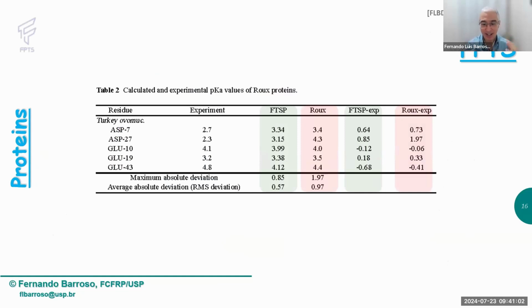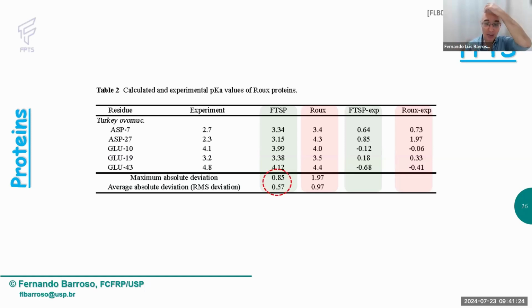But at least we are able to capture the main points of most of the models. I'm not selling FPTS as the best model available, but as one good choice if you would like to decrease your CPU time and have reasonable results. So this is the main take-home message from these results.